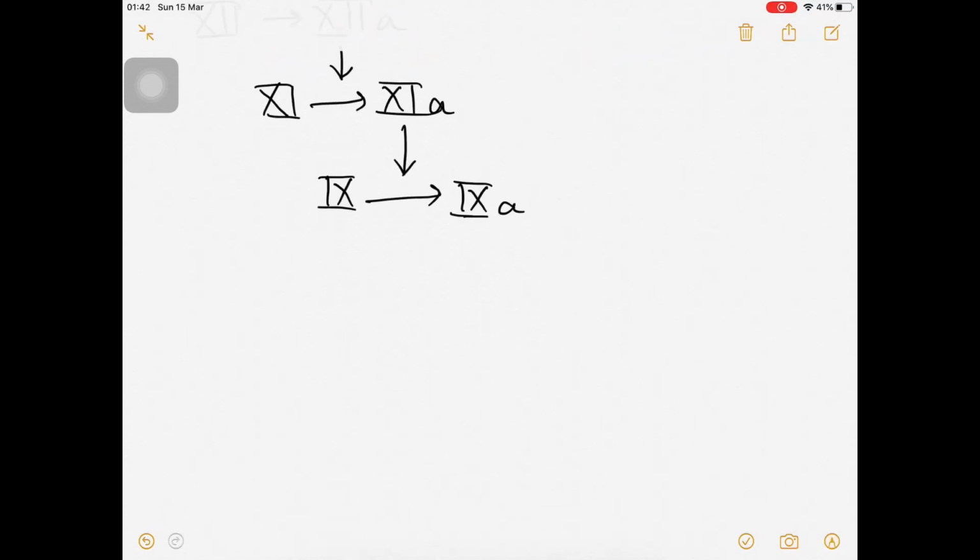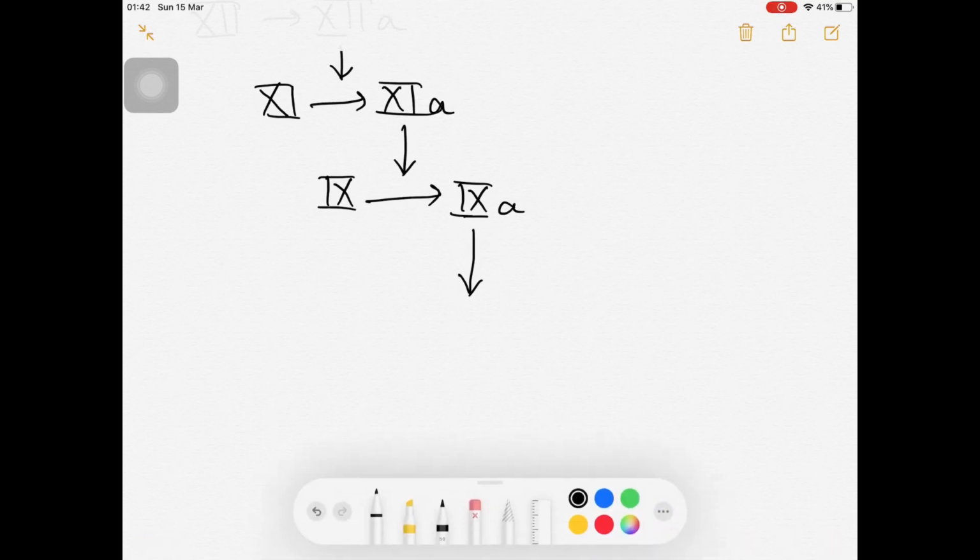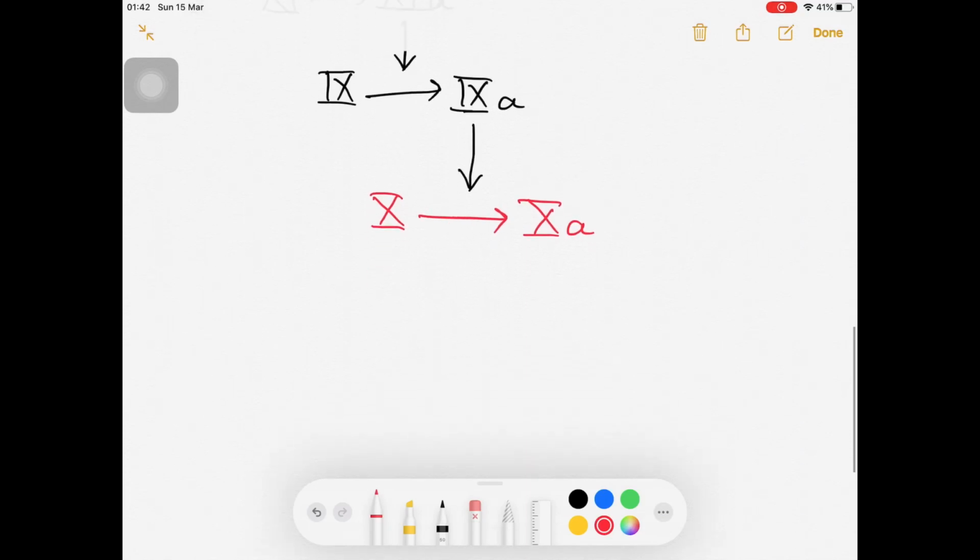And now look, 9a is converting 10 into 10a, right? And further, 10a is converting factor number 2 into 2a.